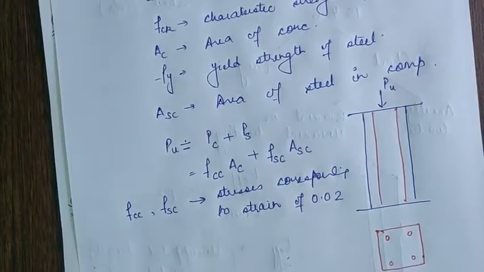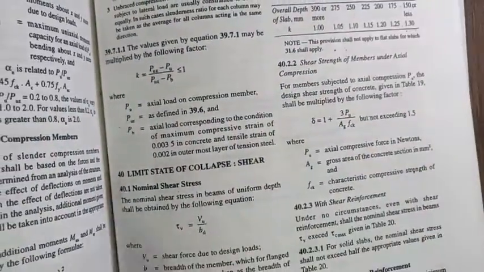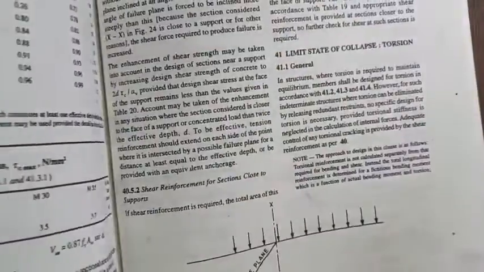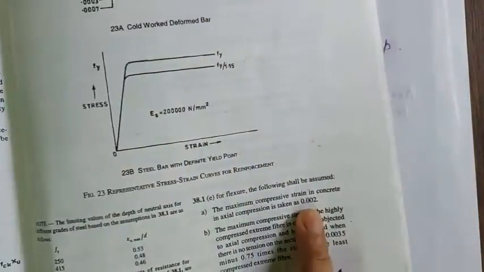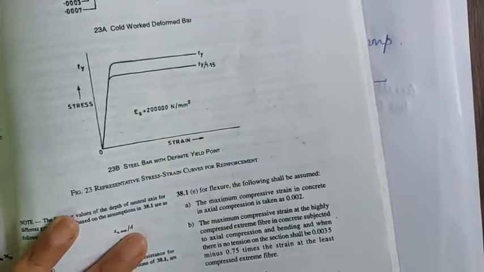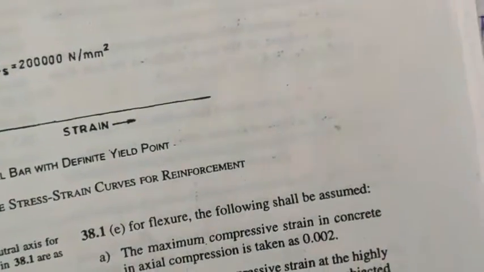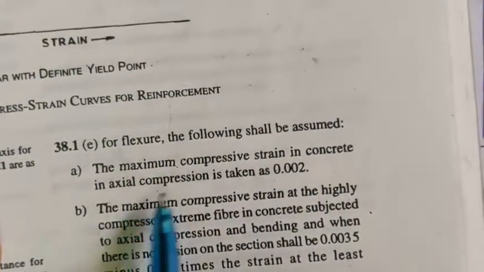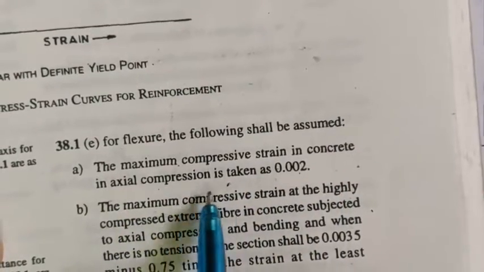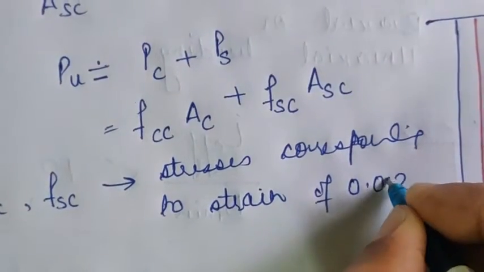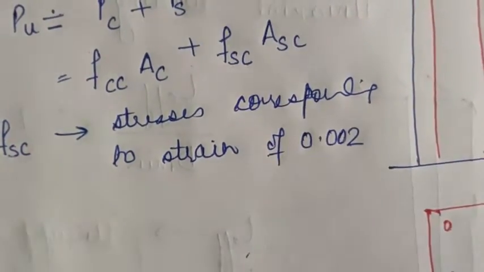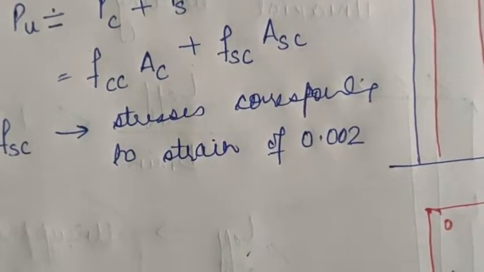Now from where did we get this? We get this particular value from this assumption. It says maximum compressive strain in concrete in axial compression is taken as 0.002.